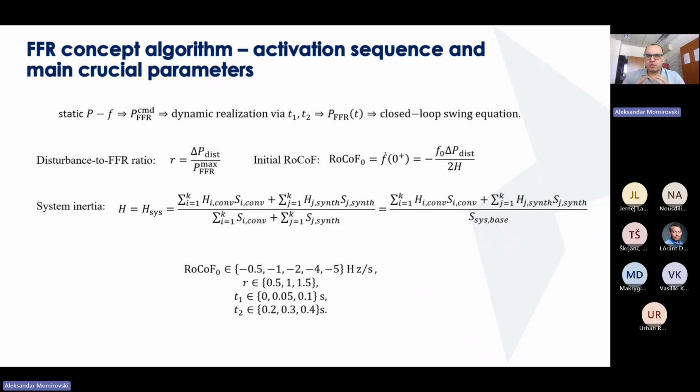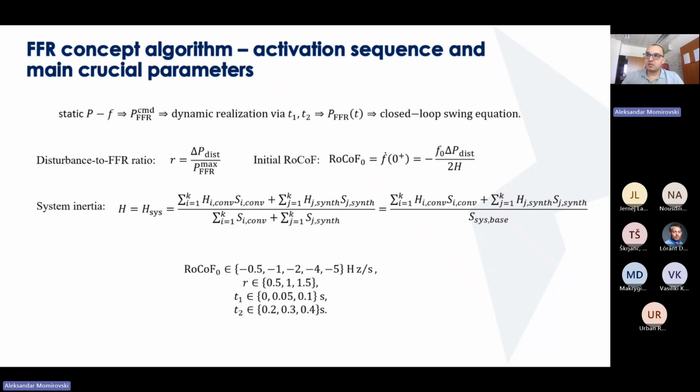So what we were dealing with: we had our sequence of a static PF command, then the dynamic realization with its own parameters, and then we had actual delivery of FFR, and we had some theoretical and also simulation part of FFR in the digital twin of the system, which we are going to talk about in the continuation of this presentation.